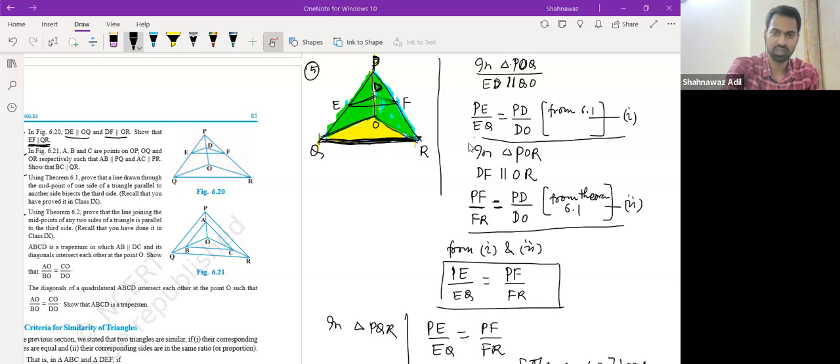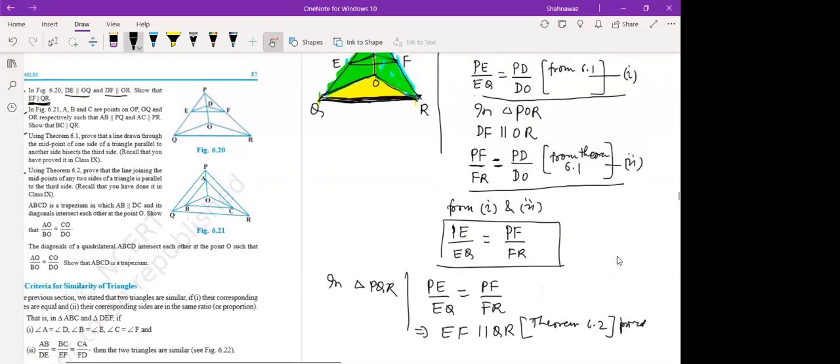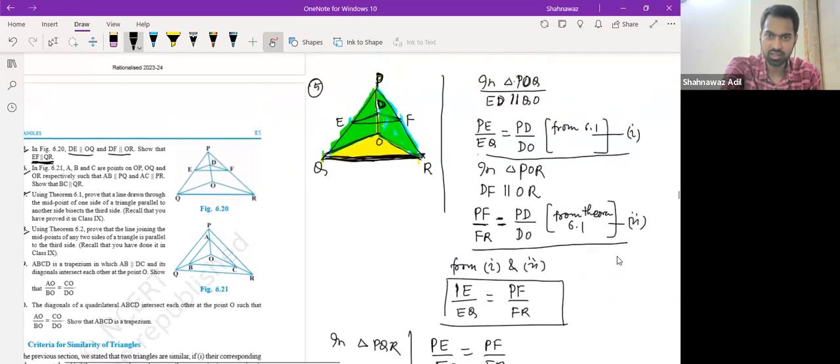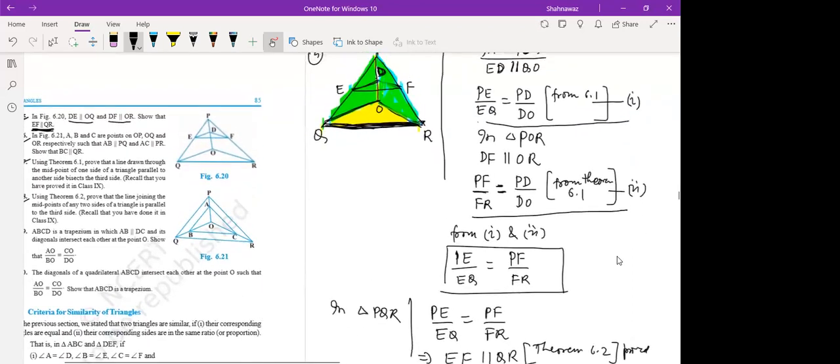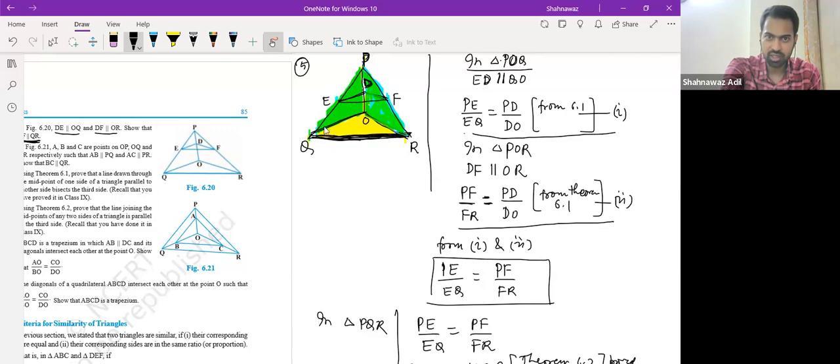So in the last part, in triangle PQR, in this bigger triangle, what do we have? We have PQR and this line EF.